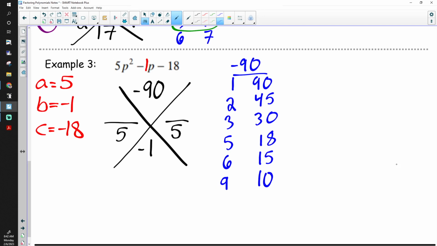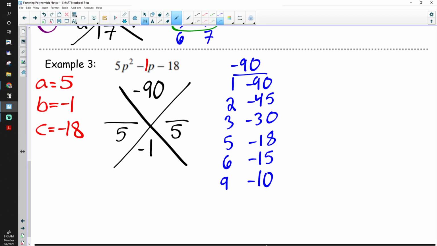If the bottom number is negative, then the bigger number should be negative. If the bottom number is positive, then the bigger number should be positive. So since the bottom number is negative, that means all of my bigger numbers should get a negative. That's because when I add two numbers together, if the bigger number is negative, then my answer would be negative.